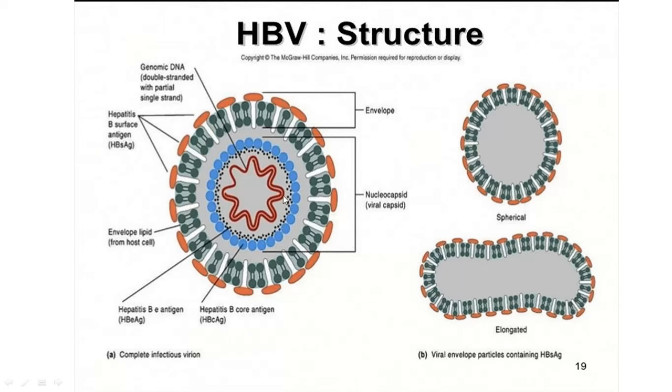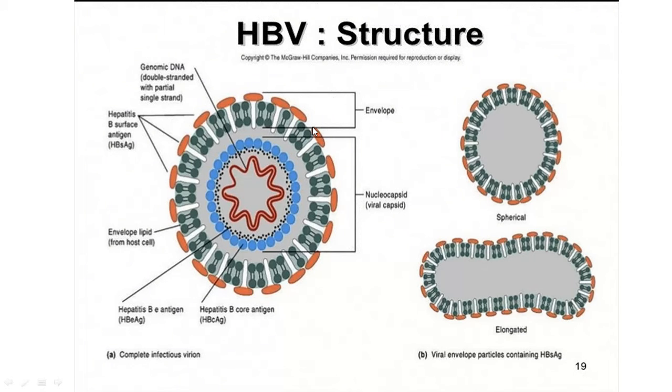Then as we go out, you see the hepatitis B E antigen. And then you see a core antigen. The blue one is a core antigen. And then you see a nucleocapsid. The gray one is nucleocapsid. Then you go to the envelope.